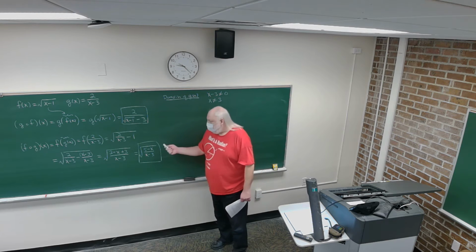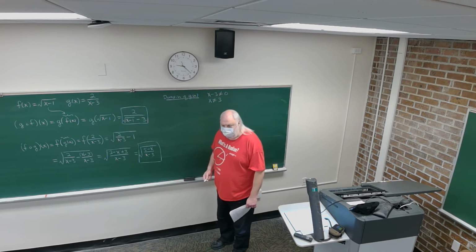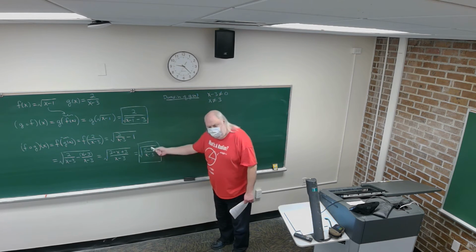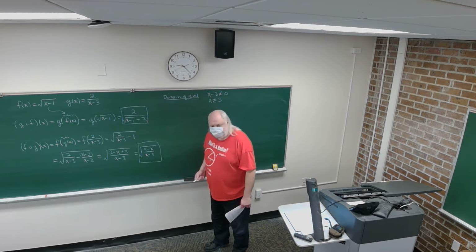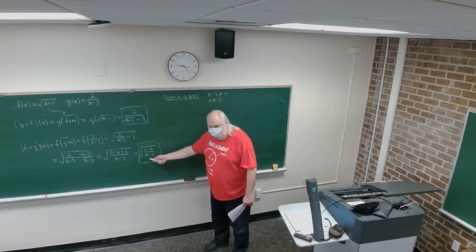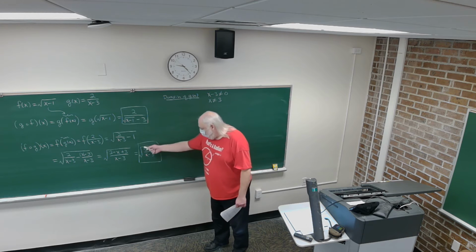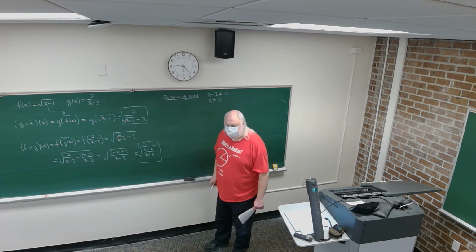So you notice that our composite function is the square root with x under the square root. And so what's the domain of the square root function when you have x under the square root? This is called the radicand, and the radicand has to be greater than or equal to 0. Because if the radicand is a negative number, you're taking the square root of a negative number, which is an imaginary number. And we're only interested in the values of x that make this quantity a real number.